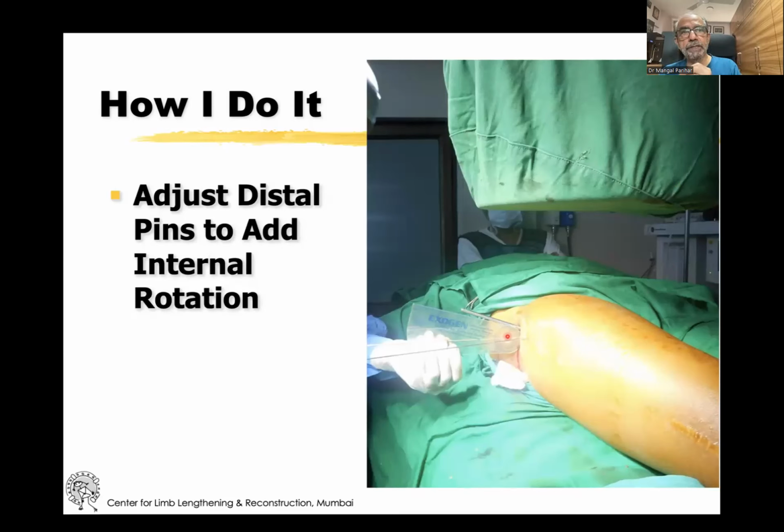So if you think of this in 3D, when you look at it from the top, there is an angle of 45 degrees to each other. When you look at the pins from the end, there is a rotation angle of about 10 to 15 degrees between those two sets of pins. So when these two sets of pins come onto one rail, I will have created internal rotation.